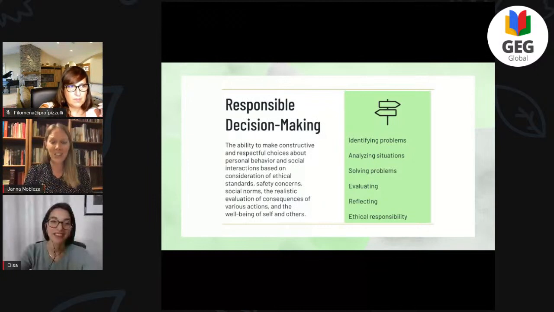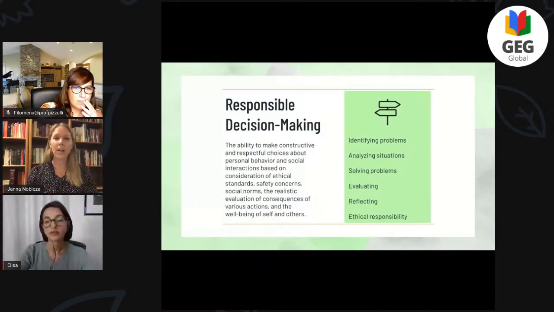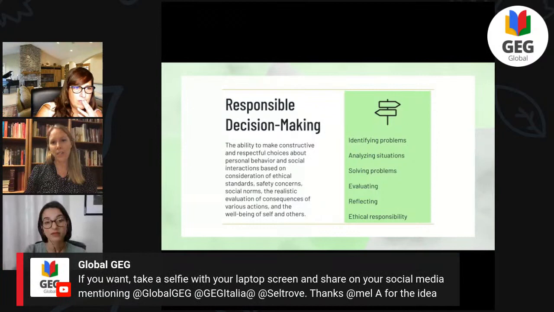And then as teachers too, when we're able to identify problems in perhaps the lesson that we just did, and then reflect on, well, what's the next logical step? That lesson didn't work. My students didn't understand it. What am I going to do next? That is us continuing to develop our decision-making skills as well.